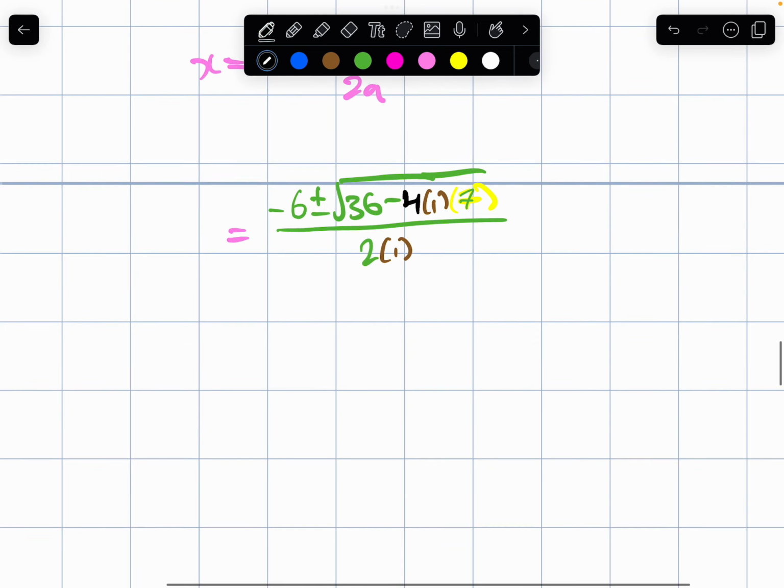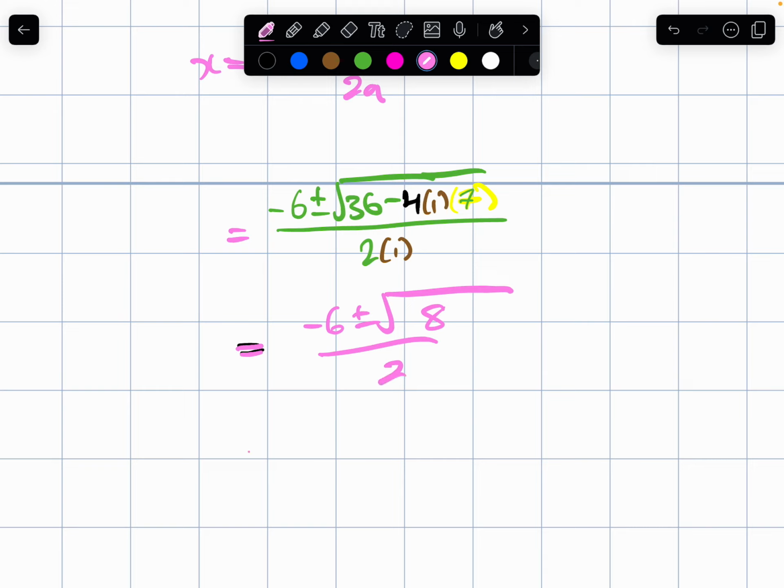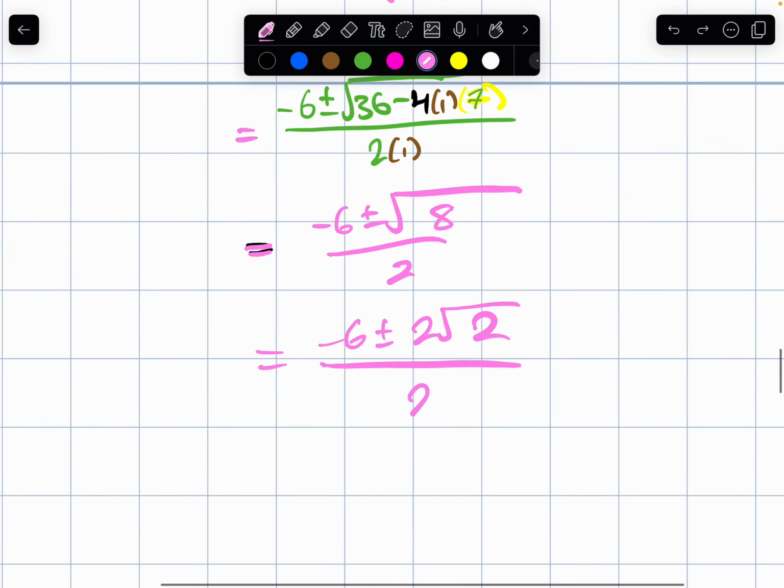Then you get negative 6 plus or minus root of 4 times 7, which is 28, 36 minus 28 is 8, over 2, which equals negative 6 plus or minus, simplifying the root, 2 root 2. I can go over that step with you as well if you don't understand it.